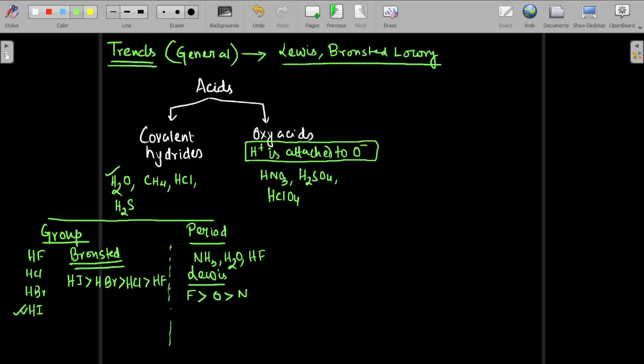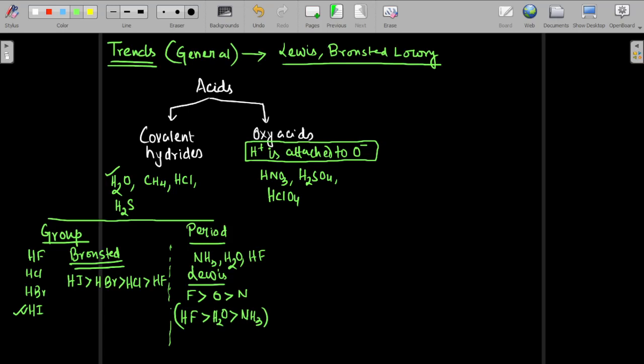By this logic, FON, we can say that HF is going to accept electrons more easily than H2O, which is also going to accept electrons more easily than NH3. So this is what happens across the period in the case of covalent hydrides.